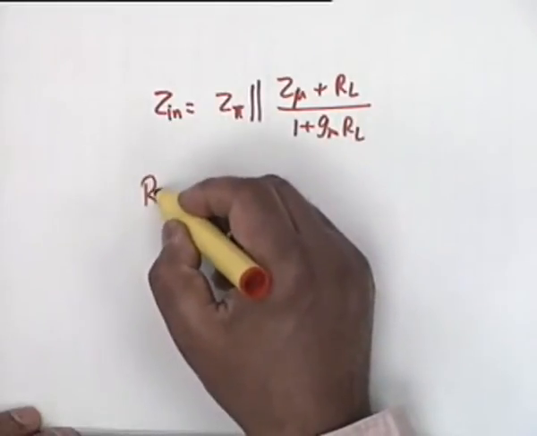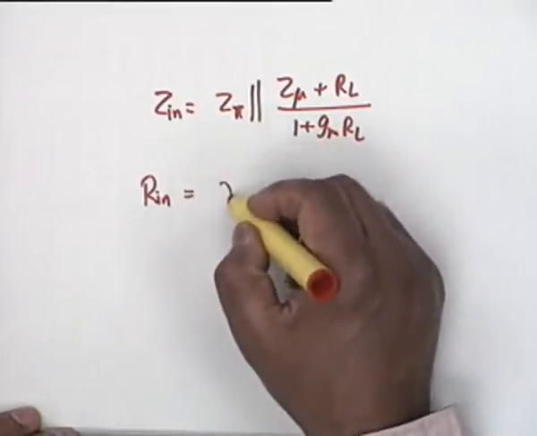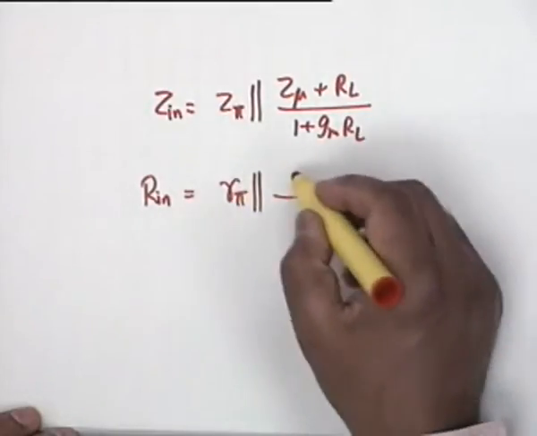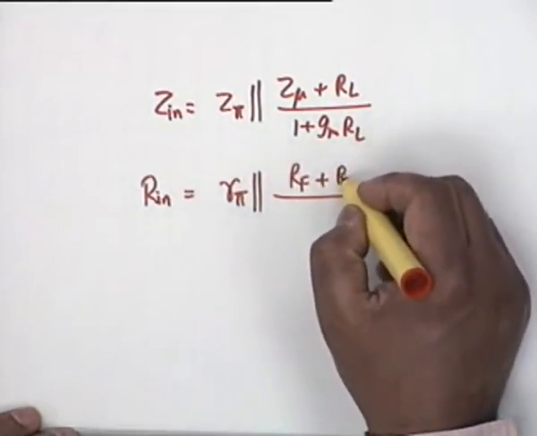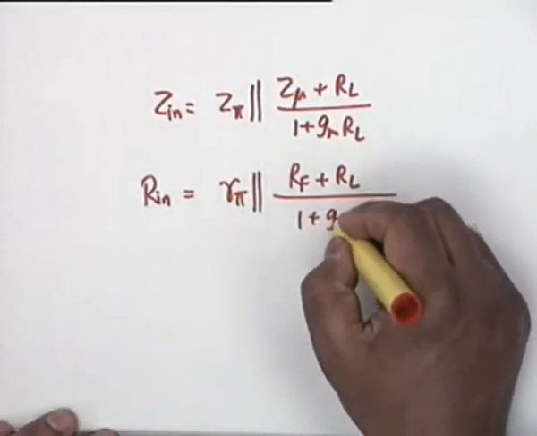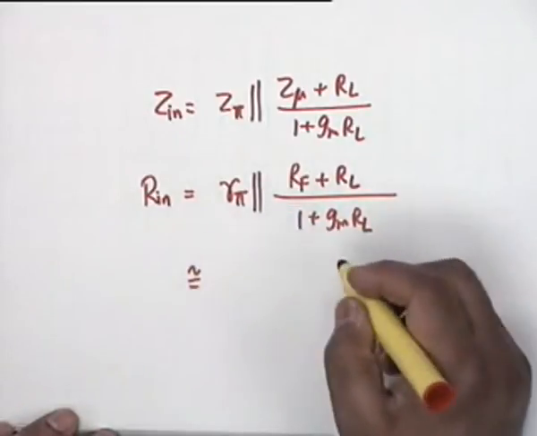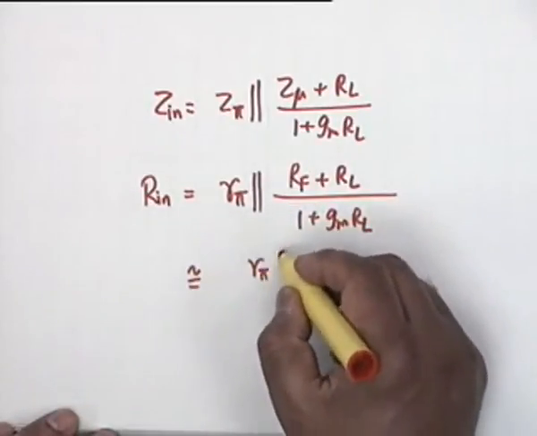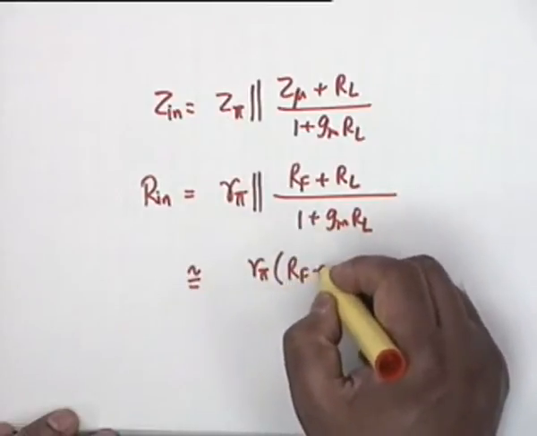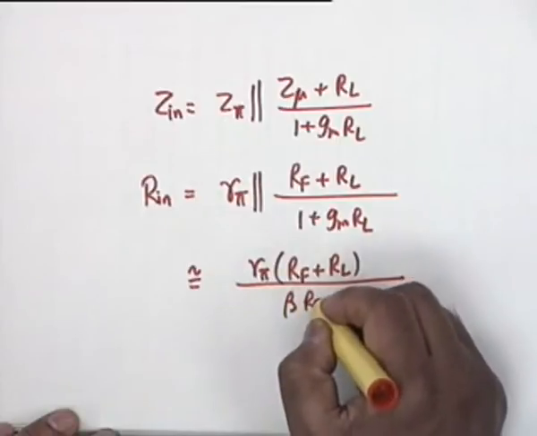The midband value was equal to R pi parallel Rf plus RL divided by 1 plus Gm RL, where the midband value of Z mu is Rf. If you carry out the algebra you can show that this is approximately equal to R pi parallel Rf plus RL divided by beta RL.